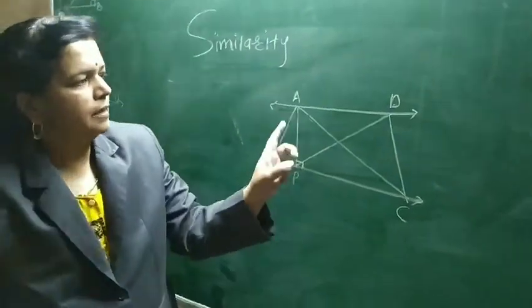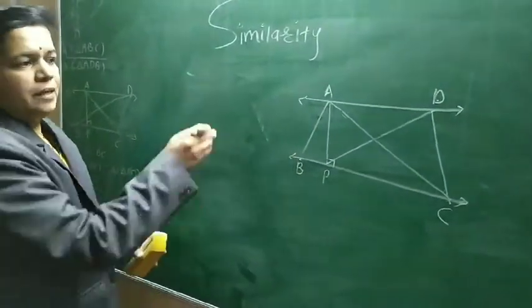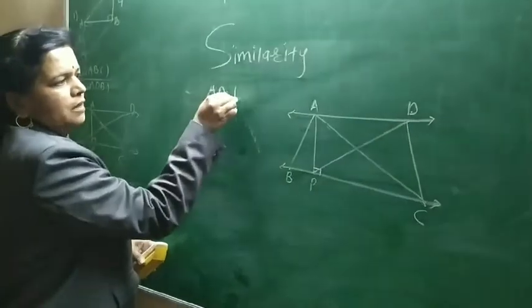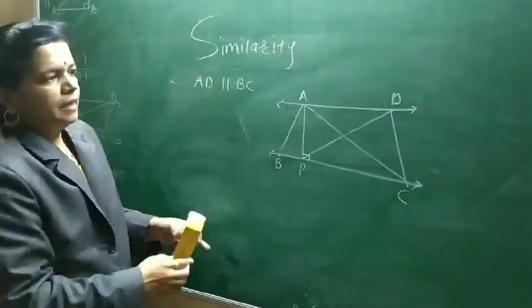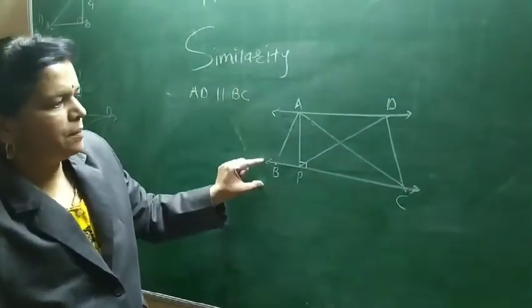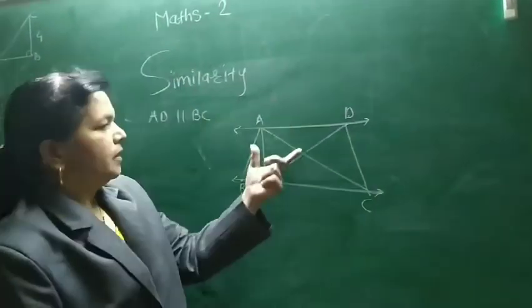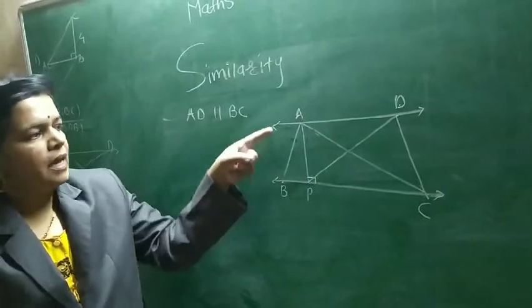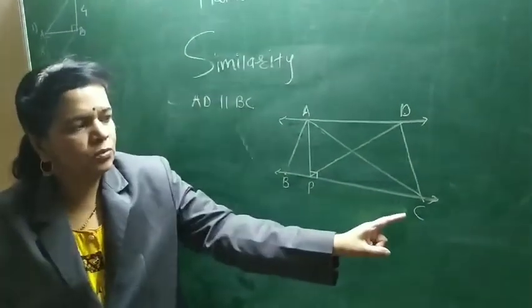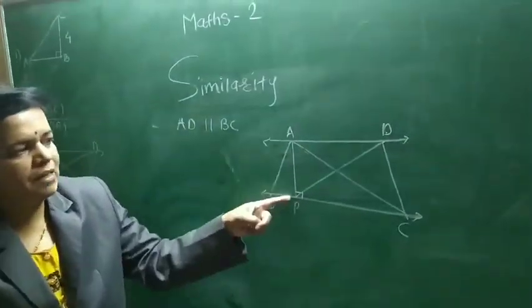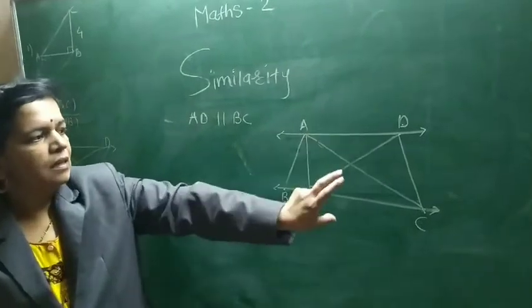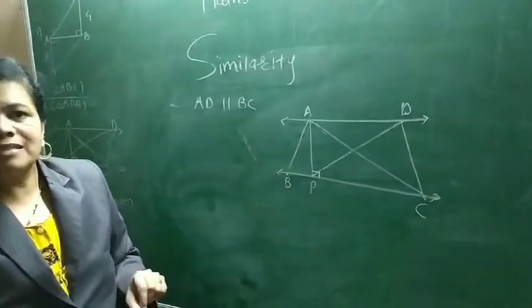See what is given in this example here: AD is parallel to BC. That means these two lines AD and BC are parallel. AD is parallel to BC and AP is perpendicular to line BC. That means AP is the height of these two triangles. Which two triangles are given here?